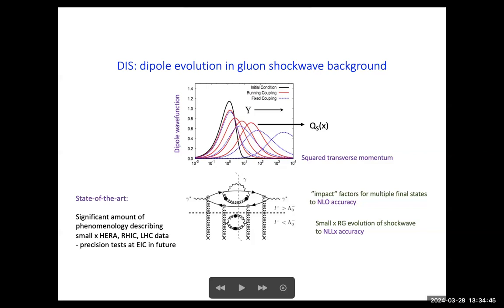And so there's a significant amount of work now going to higher orders in perturbation theory in this weak coupling framework, which you can now solve to next-to-leading-order accuracy. And so this describes data from the HERA collider era, from the heavy ion colliders, and so on.